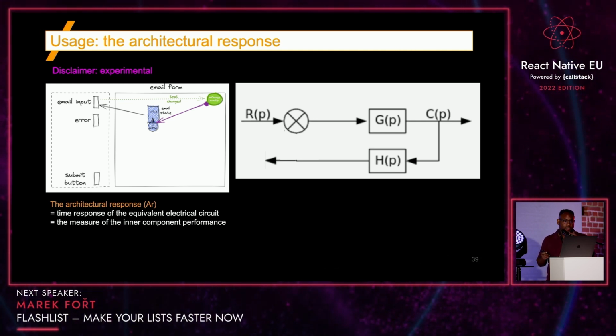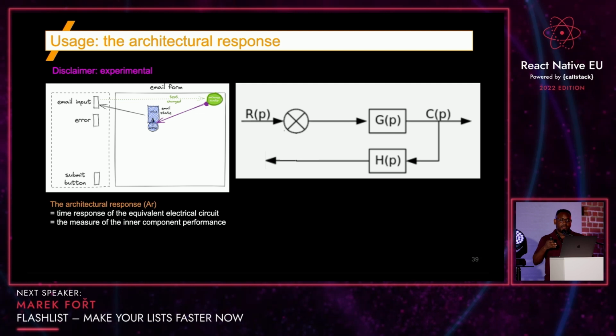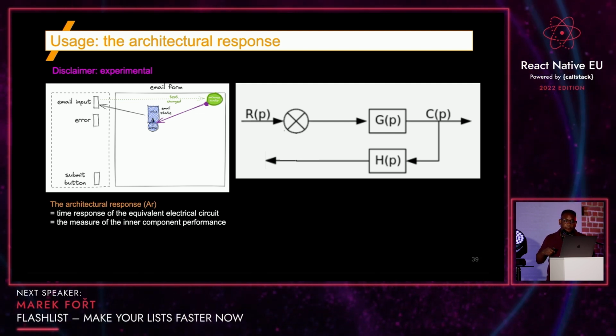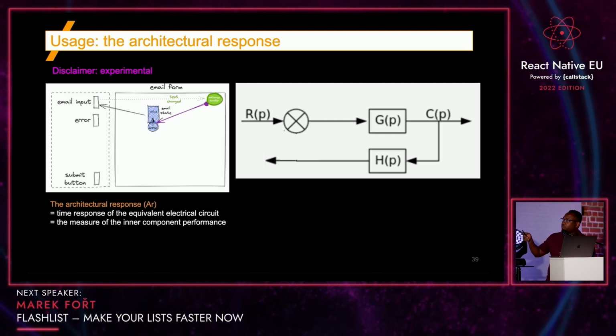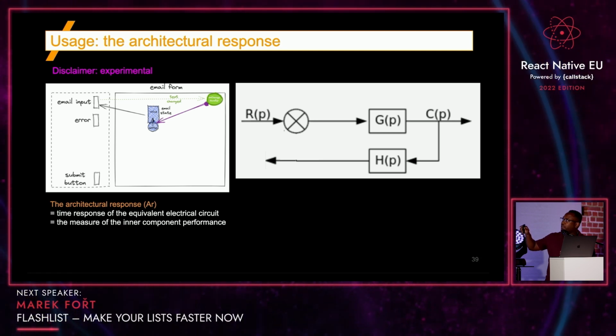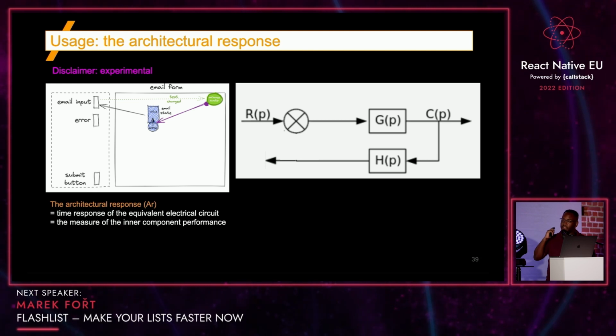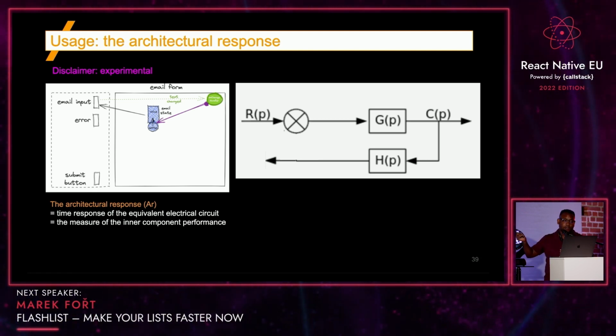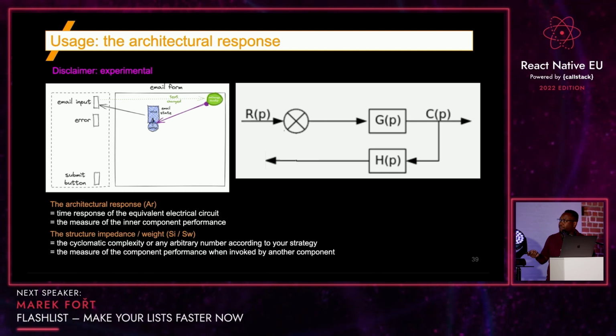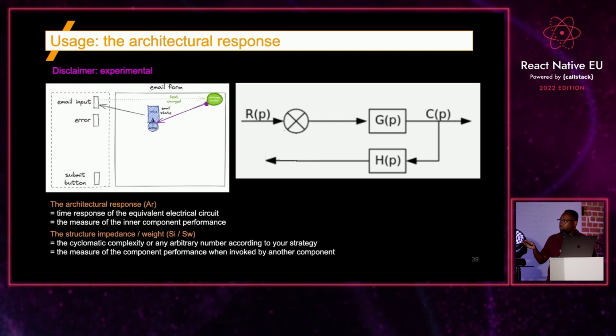However, computing the architectural response of a given component will require knowing the weight of the structures involved in the data flow. The same way we have the impedance of a component in an electrical circuit, we could define a second unit, which is the structure impedance or the structure weight.